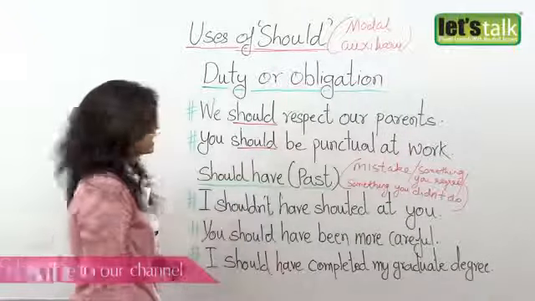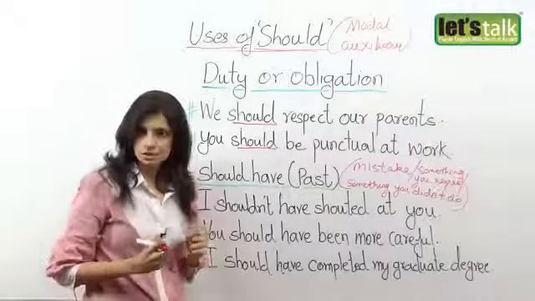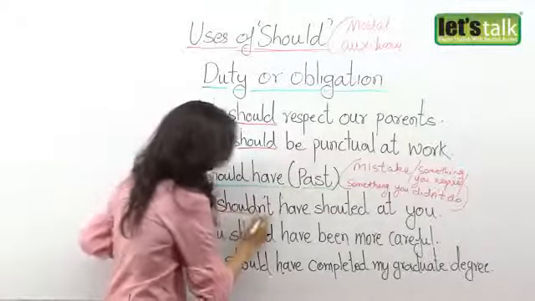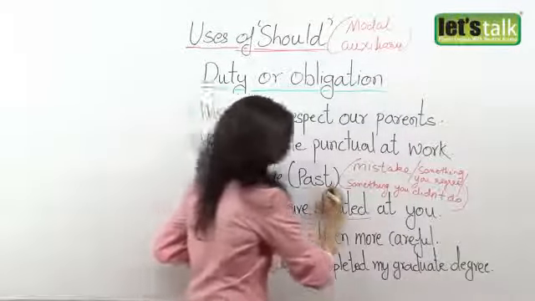Okay. For example, I shouldn't have shouted at you. Now first let's understand the structure. It is should, have and the verb in the third form or the past participle.